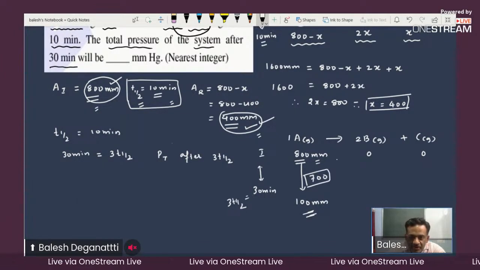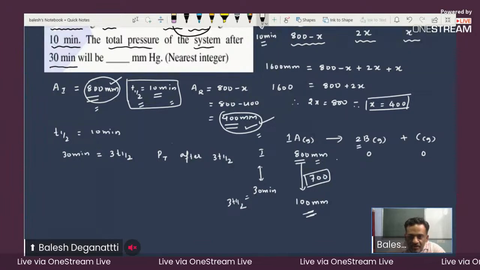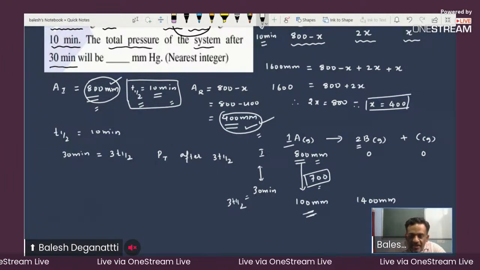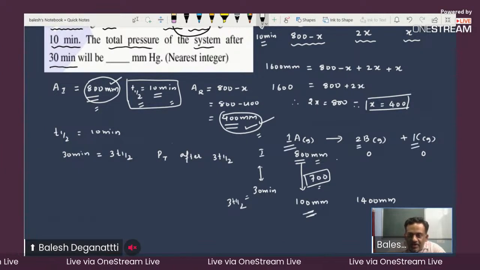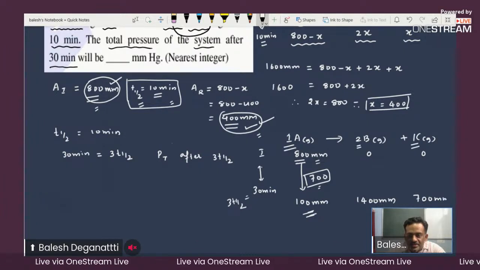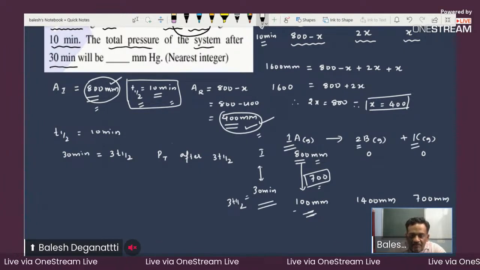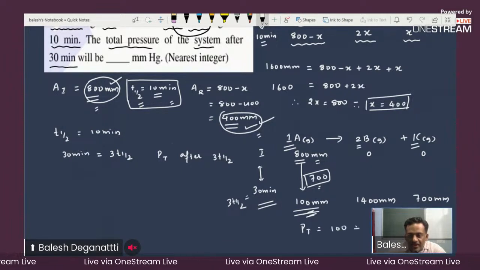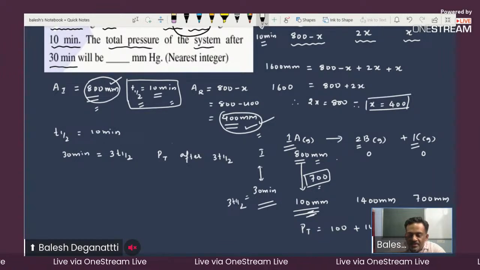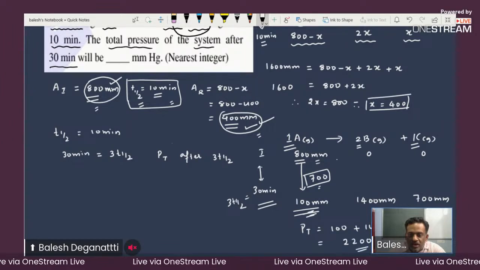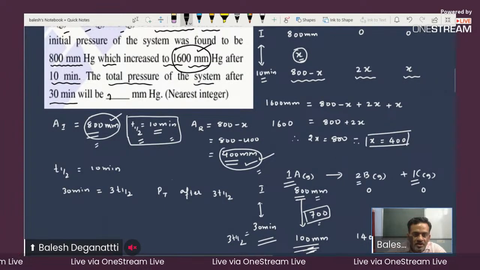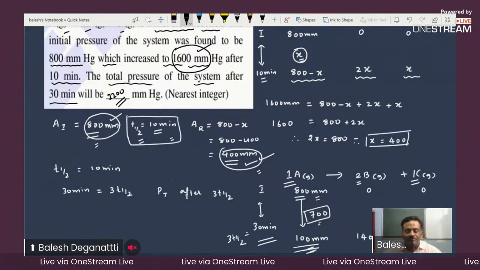Now look at the stoichiometry. 1 mole of A is giving me 2 moles of B. So 700 would give me 1400 mm of B. 1 mole of A is giving me 1 mole of C. 700 would give me 700 mm of C. So after 30 minutes and after 3 half-lives, the total pressure is 100 mm by A, 1400 mm by B, 700 mm by C. All put together, it will be about 2200 mm. So your answer for this question is 2200 mm.